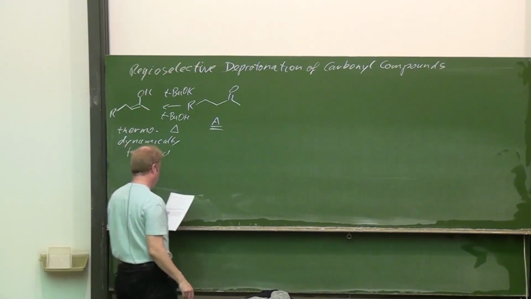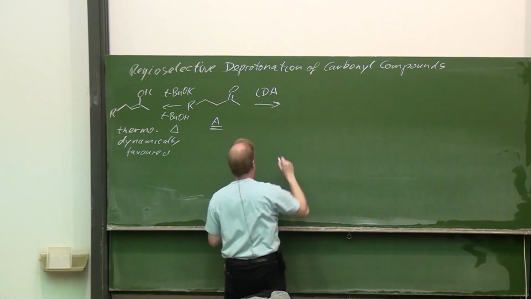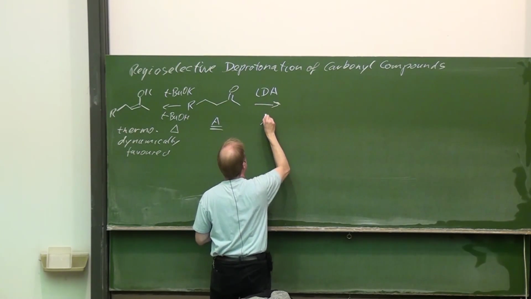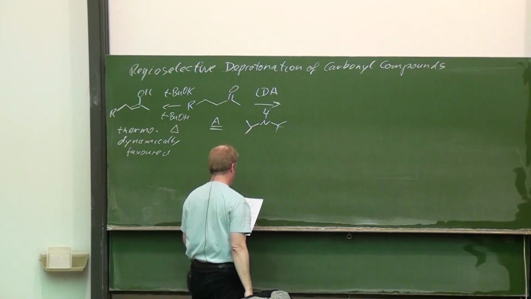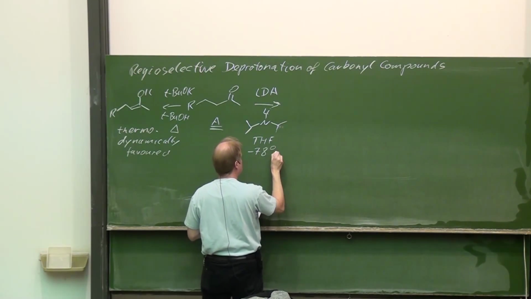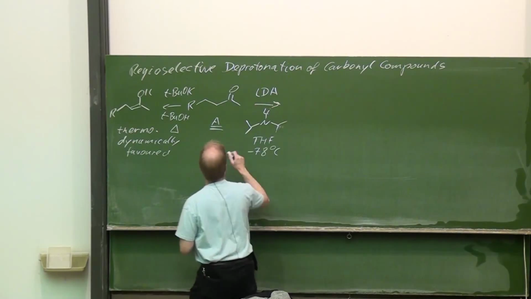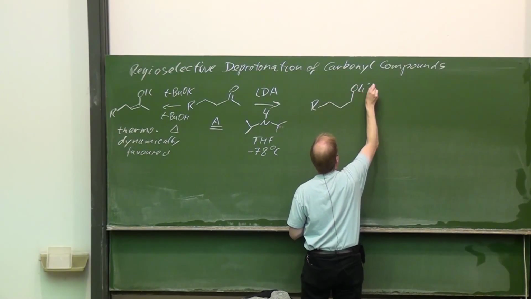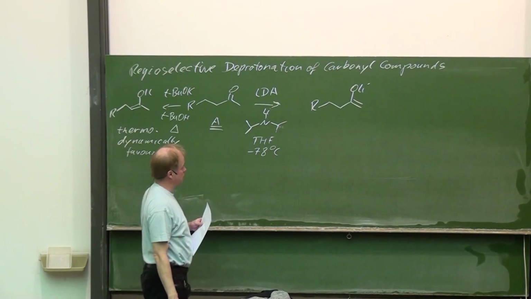On the other hand, if we use LDA as a base, THF as a solvent, and low temperatures, minus 78 degrees, then we will get the enolate, in this case, of course, a lithium enolate with a terminal double bond.